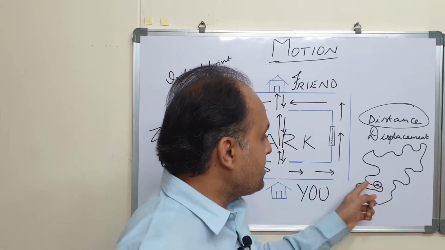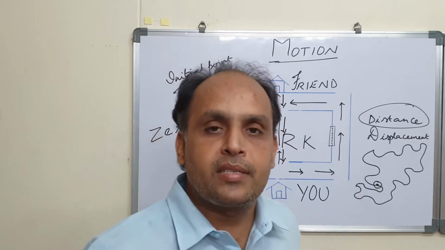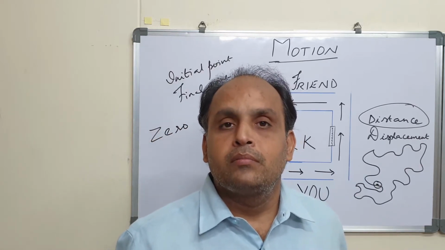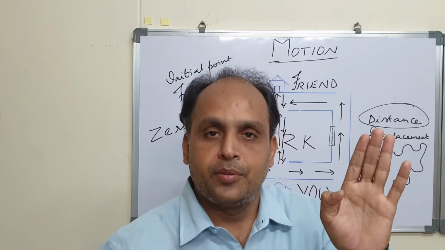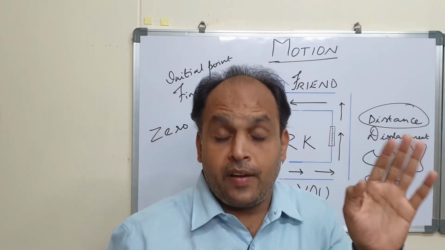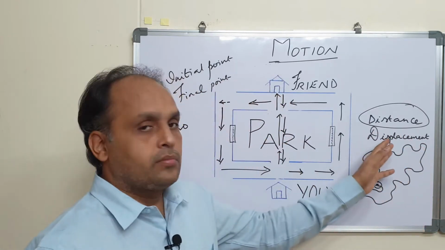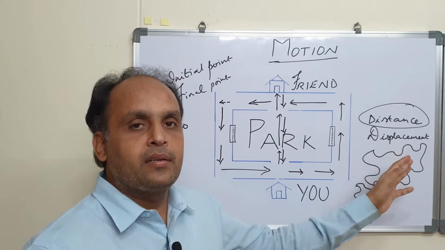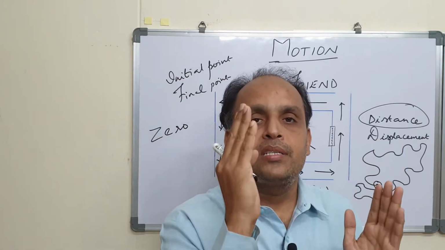So, distance is the total length of this path, whereas displacement is always 0 because there is only one point. Sorry, our initial and final points are the same. My mistake. Right? So, displacement of a body which starts at one point and returns to the same point is always 0.